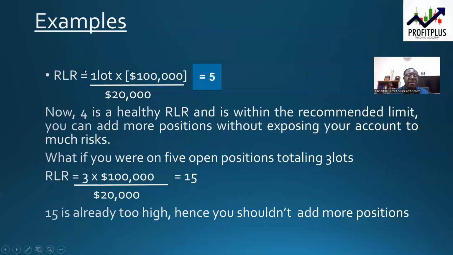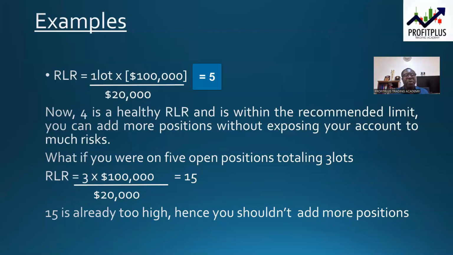So one standard lot times $100,000 divided by your $20,000, and you can see the value here is within that allowable and recommended limit. It means that we can actually add more positions. It also means that your account is being maximally utilized for profitability.